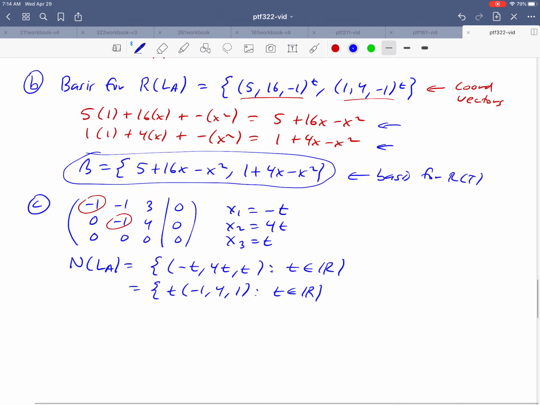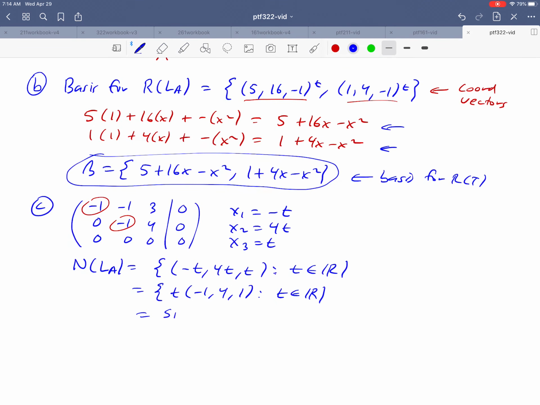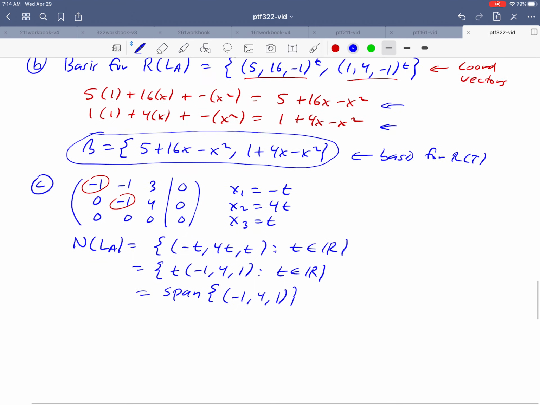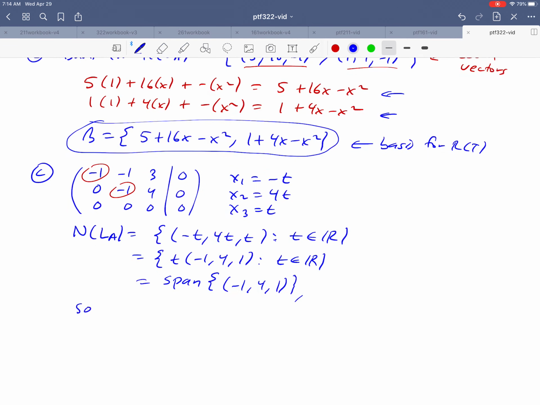And so what we've really confirmed then is that the null space of L of A is just the span of a single vector that looks like negative 1, 4, 1. Okay, and so far what we know then is that negative 1, 4, 1 is a basis for the null space of L of A, a left multiplication by A.